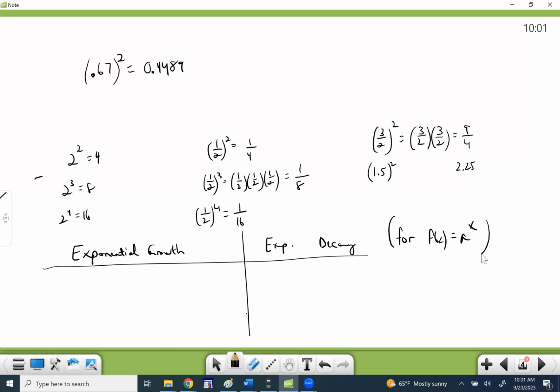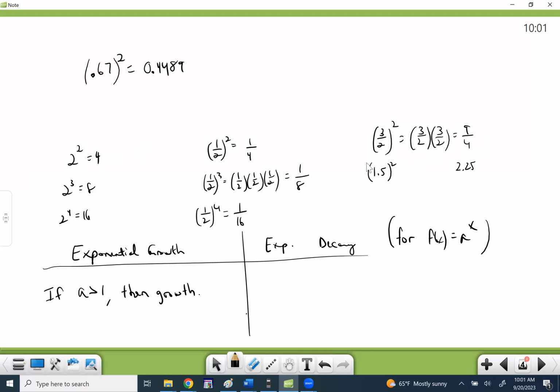This is for a to the x. If the base a, so if a is greater than 1, then we're going to have growth. I'm just going to put then growth. I know that's bad language, but let's just get to the heart of it. Notice 2 grew, and so did 3 halves. It grew, and notice it was bigger than 1.